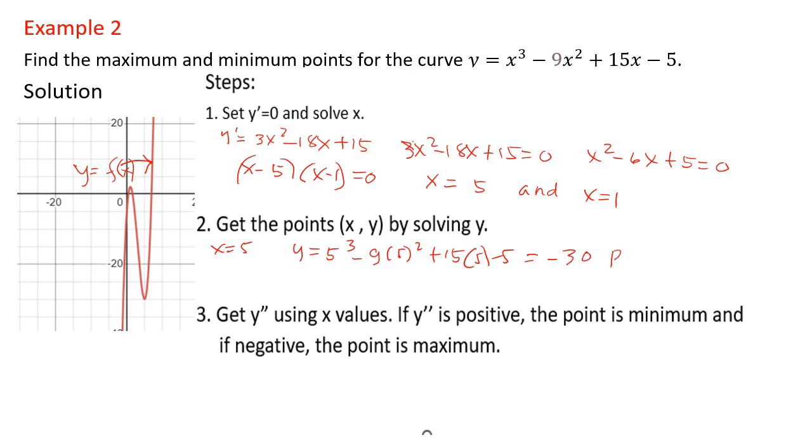So the point is 5, minus 30. The other one is when x equals 1, y equals 1 cubed minus 9 times 1 squared plus 15 times 1 minus 5.